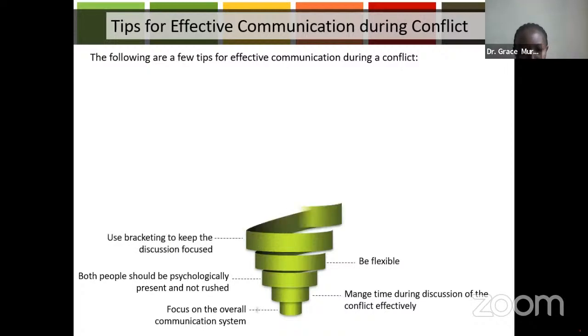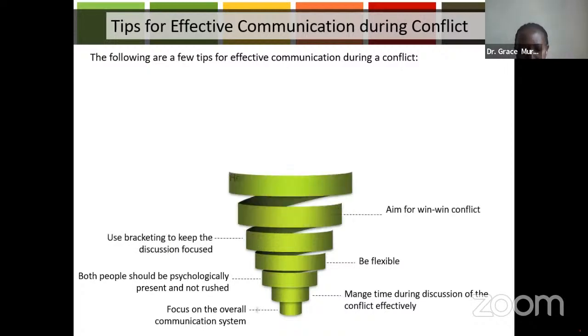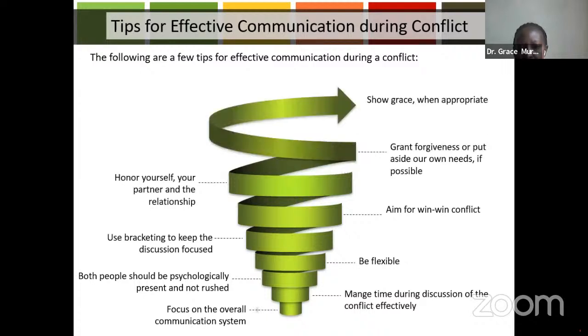Focus on the overall communication system, from how you begin the communication, and as a manager, avoid gossip. This kills. You cannot solve conflicts if, once there's a conflict, before you even begin communication, there's already a grapevine going round, and it began from you.